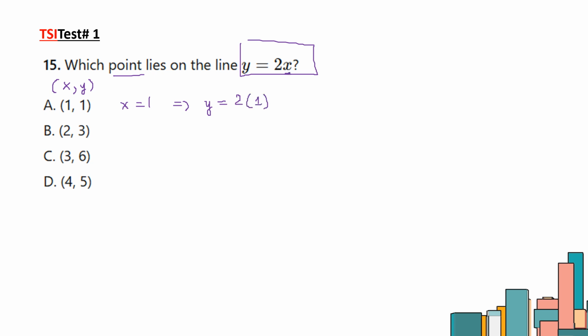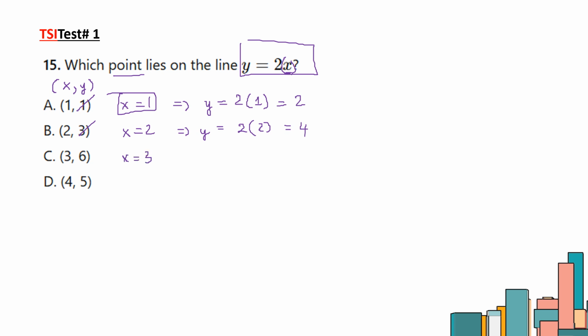When you see x, you plug in the value of x here. So y = 2, not 1, so A is not the correct answer. We check it every time. So here x = 2, now y will be 2 times 2. You see I put the parenthesis around the x so that I know this is the value of x inside. That will be 4, not 3. So B is not the correct one.